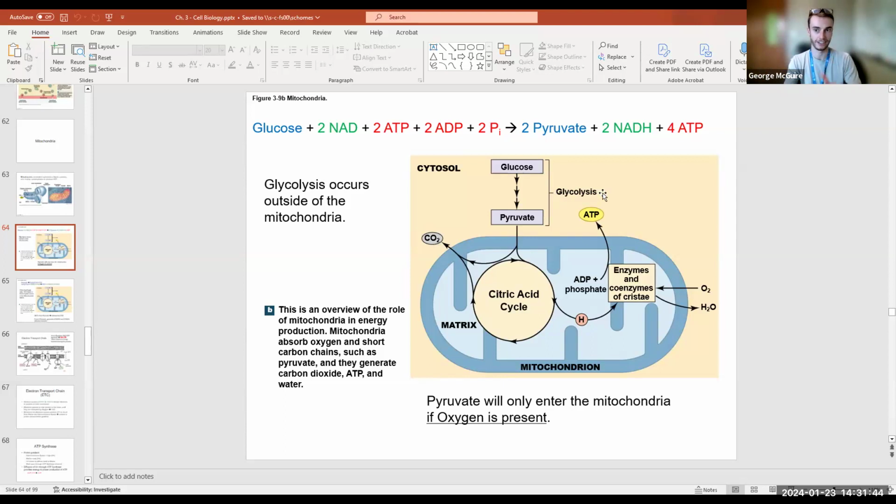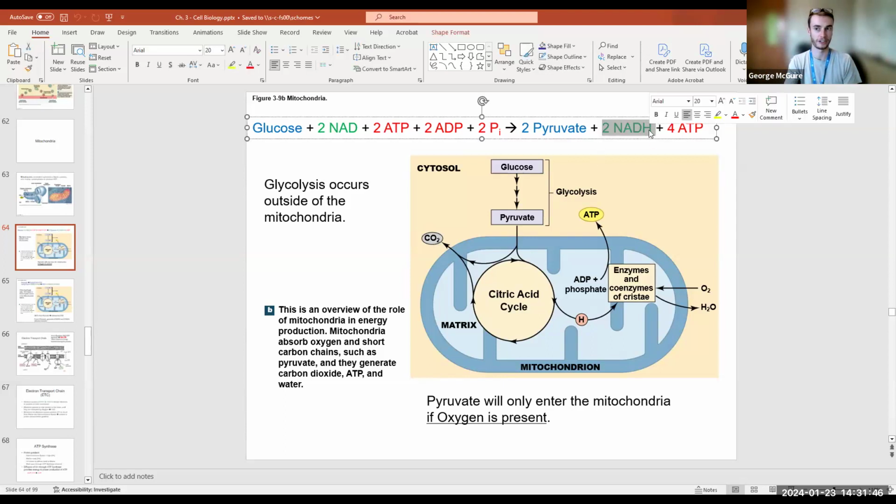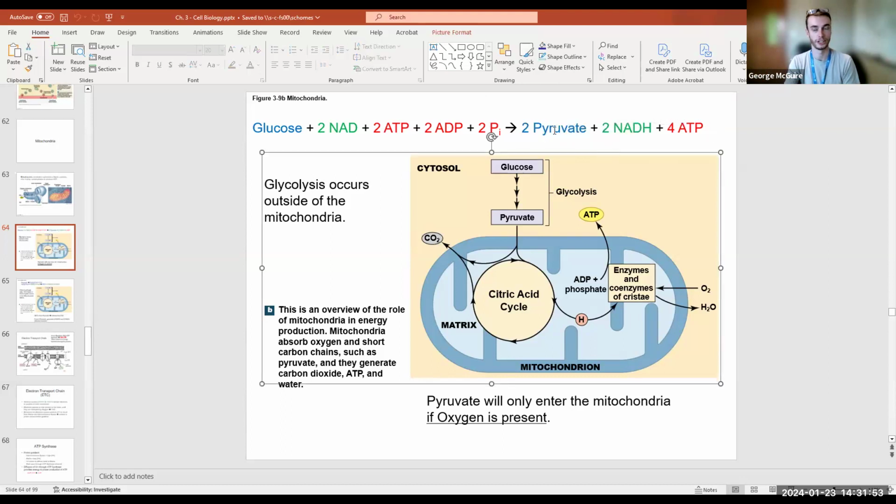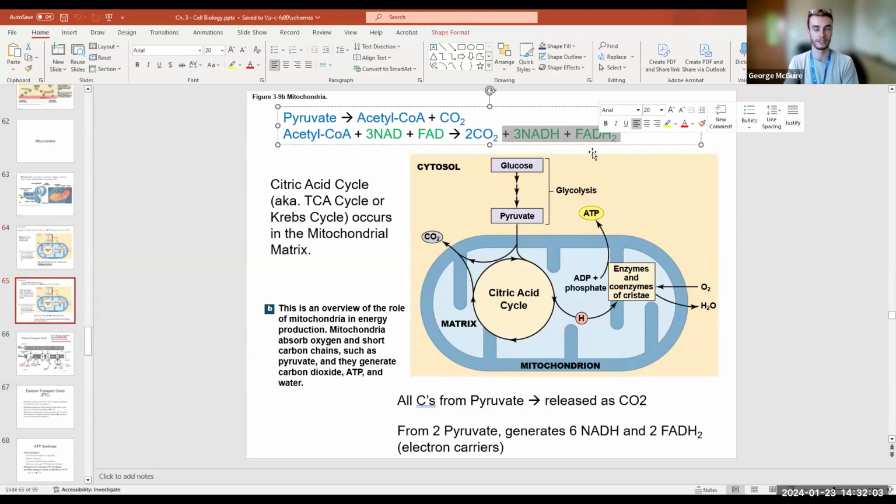And so really, glycolysis is just transferring energy to this electron carrier, NADH, and then produces 2 new products from that glucose. These pyruvates are going to move on to the citric acid cycle, which is going to make more of these electron carriers. We get 3 NADH and 1 FADH2 per pyruvate.